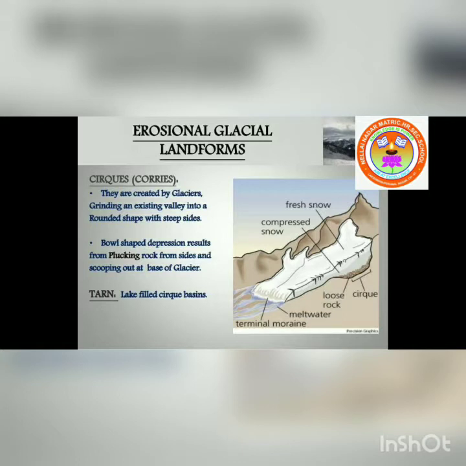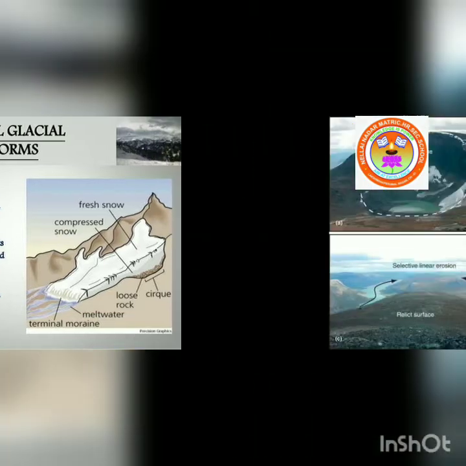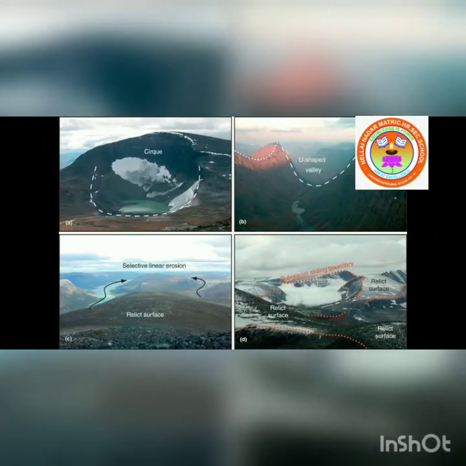Here, cirque. The glacier erodes the steep side walls of the mountain and forms a bowl-shaped armchair-like depression. On the screen you can see very clearly in the first picture how it is termed as cirque.